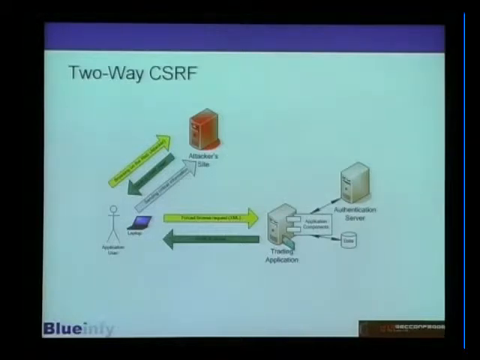Now there is a mutation to it as well. Say for example you are using JSON instead of XML, or a JS object or a JS array. Then what the attacker can do is open a two-way channel.